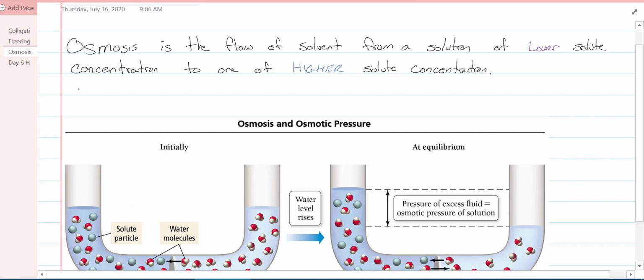So this has to do with the tendency, nature's tendency, to mix.